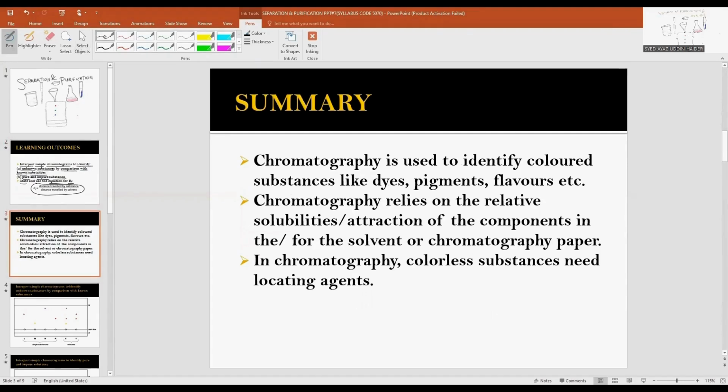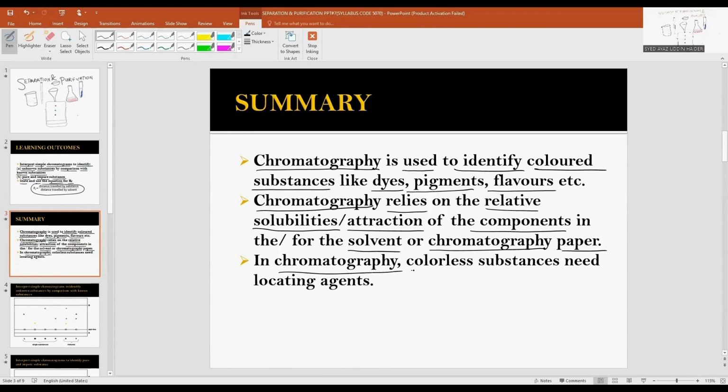Here's a summary of the last lesson. Chromatography is used to identify colored substances like dyes, pigments, flavors, etc. Chromatography relies on the relative solubilities or attraction of the components for the solvent or chromatography paper.